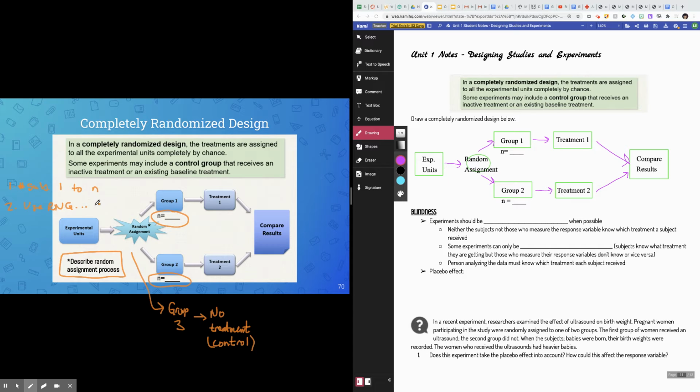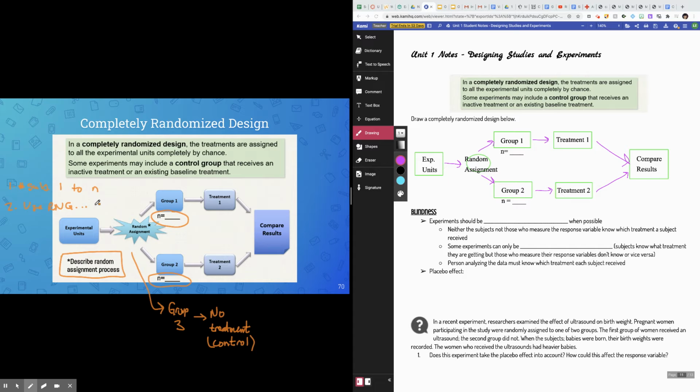Okay? And then after that, as long as you have all those things, you don't have to write things out like in full paragraphs. If you're more of a visual person and you like to draw things like this, you can. You can also write these things out in bullet points if you want.